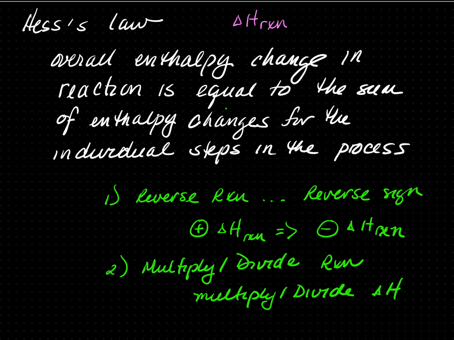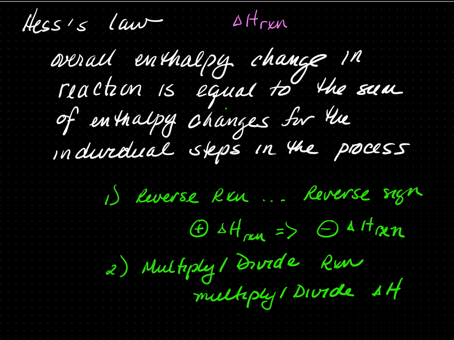Hess's law is also delta H reaction. It is also enthalpy. It is the overall enthalpy change in a reaction. Hess's law states that the overall enthalpy change in a reaction is equal to the sum of the enthalpy changes for all the individual steps in the process. So what that means is if a reaction occurs, it could proceed in one step or multiple steps.